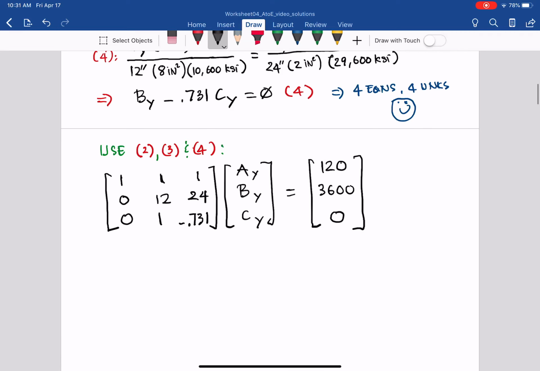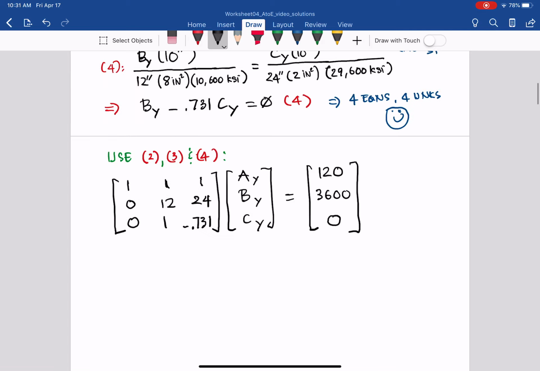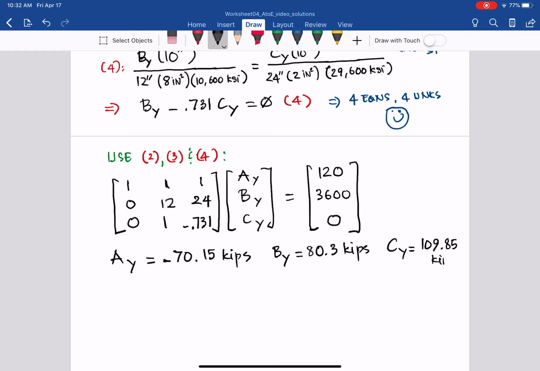From that, use your calculator, and you can find AY equal to negative 70.15 kips, BY equal to 30.3 kips, and CY equal to 109.85 kips.